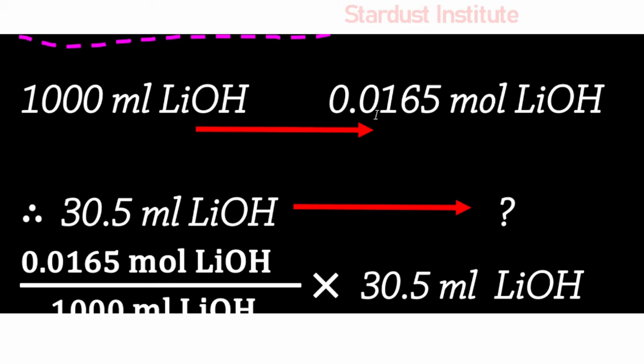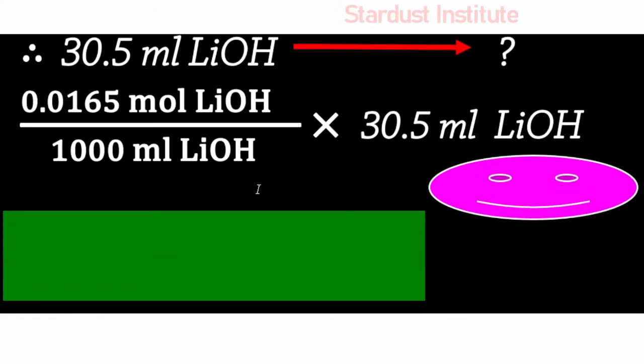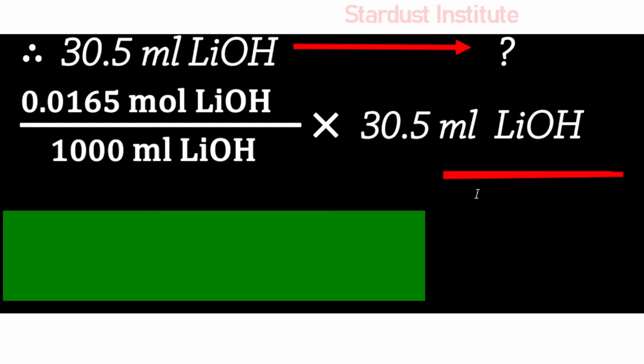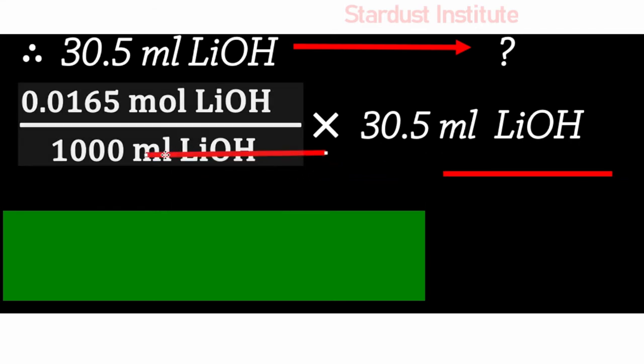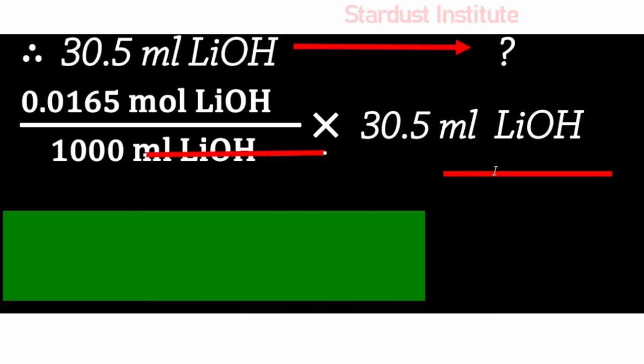We can find the answer in this way: 0.0165 mole lithium hydroxide divided by 1000 milliliters lithium hydroxide multiplied by 30.5 milliliters lithium hydroxide. We should cancel out units, milliliter lithium hydroxide with milliliter lithium hydroxide.